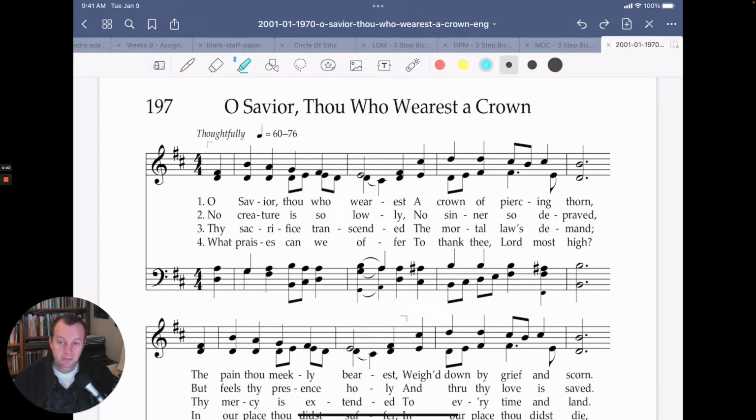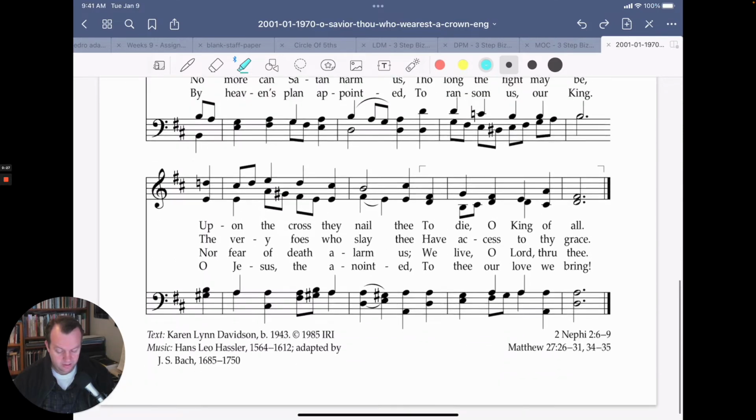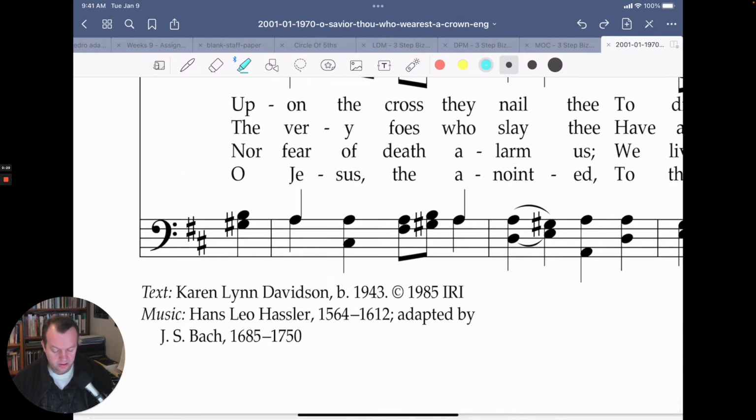Now, this melody was actually not composed by Bach. If you look down here in the bottom left-hand corner, you can see the music, which they mean the tune. The tune was written by this Renaissance composer, Hans Leo Hassler, but Bach harmonized it.